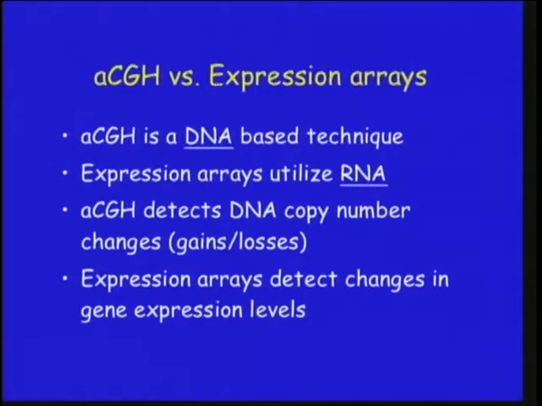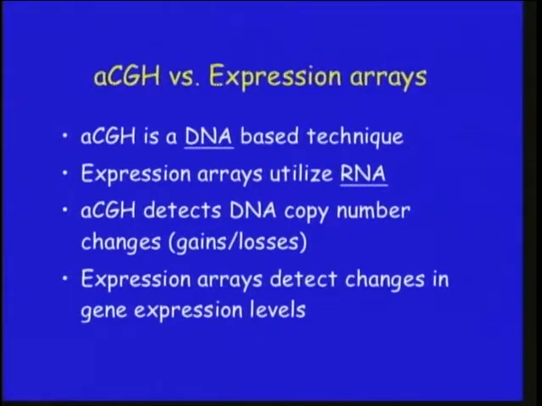The other thing that's important to keep in mind is that Array CGH detects DNA copy number changes. So it can detect gains in the genome, in other words, duplications or amplifications in tumors, or gains of whole chromosomes like trisomies. And it can also detect losses, so deletions and monosomies.